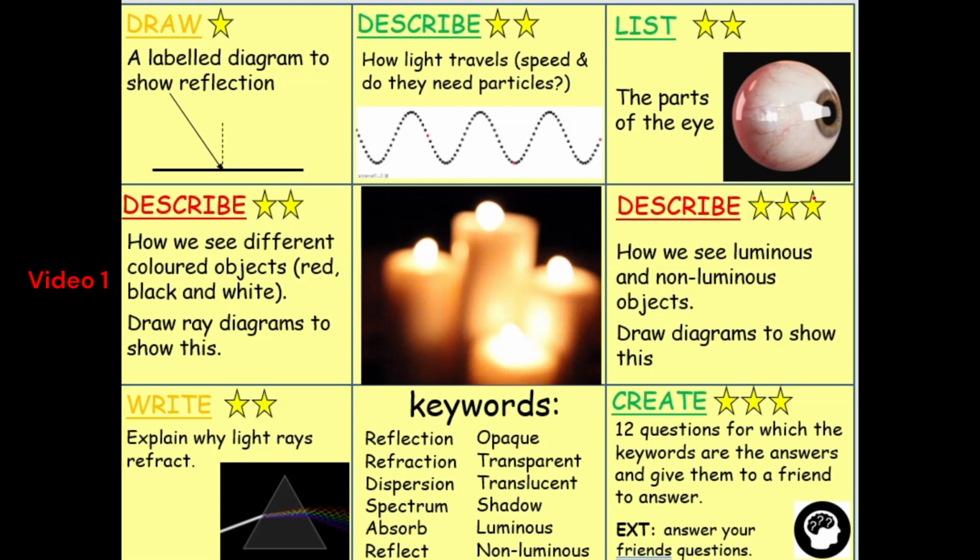You need to draw rectangle shapes, two-dimensional rectangular shapes, to show your object. One of them you can label as luminous, the other you can label as non-luminous, and your straight arrows as light.